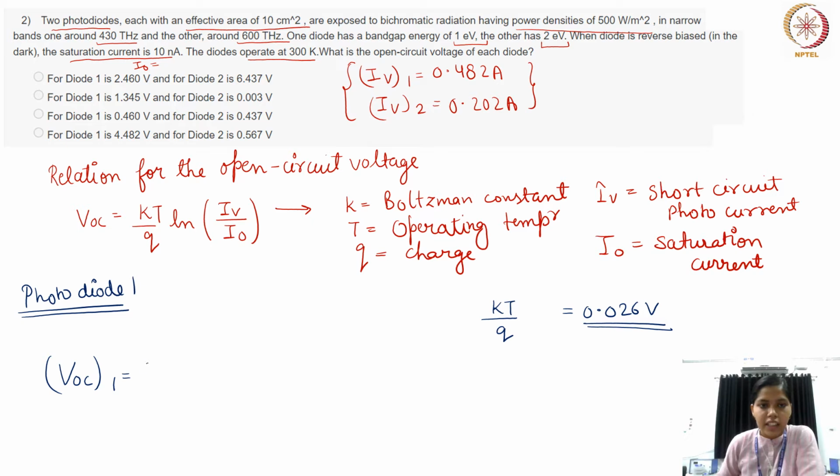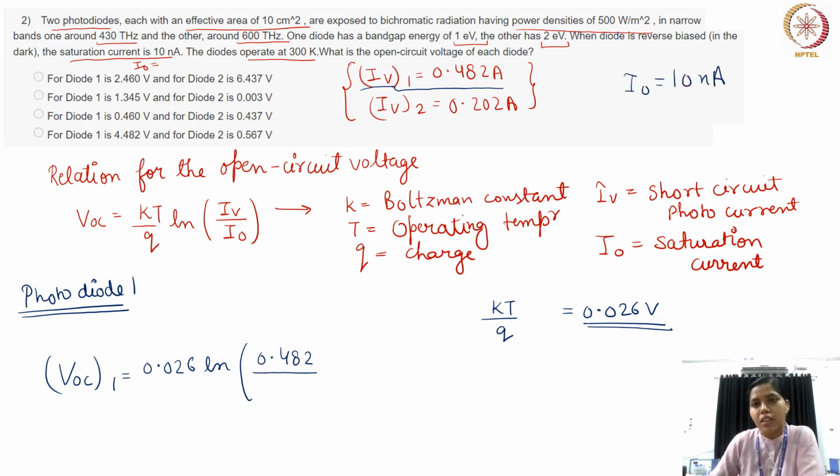Then ln of the short circuit photocurrent for the first photodiode, 0.482 ampere, divided by the saturation current I naught, which is 10 nanoampere, so 10 multiplied by 10 raised to the power minus 9 ampere, giving 10 raised to the power minus 8 ampere.